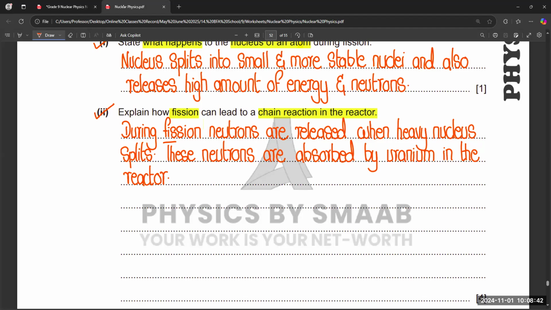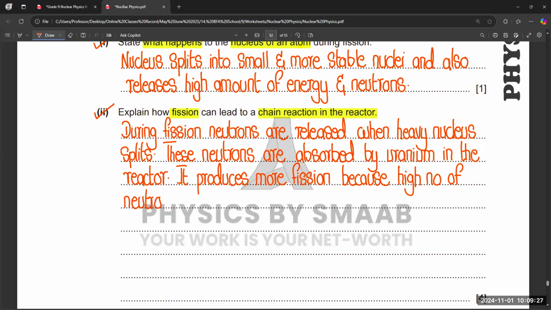So the third point is it produces more fission reactions because a high number of neutrons strikes the uranium.